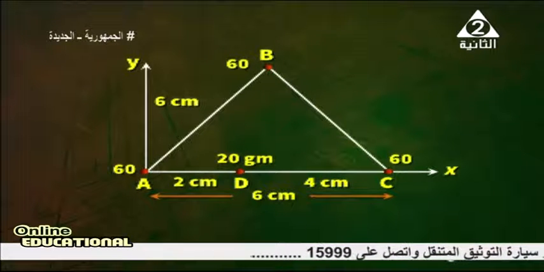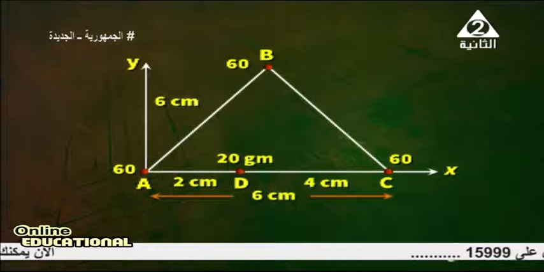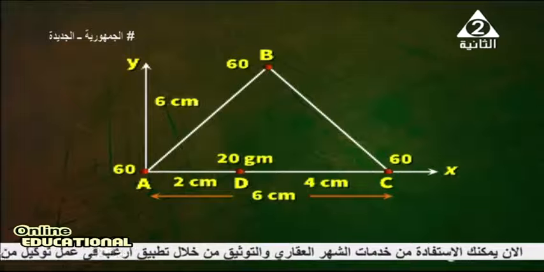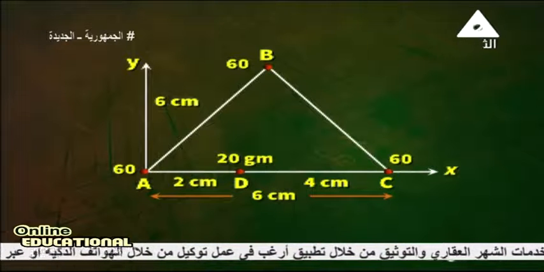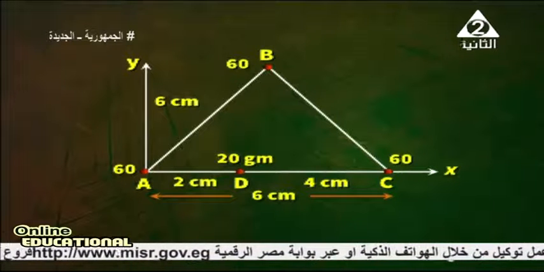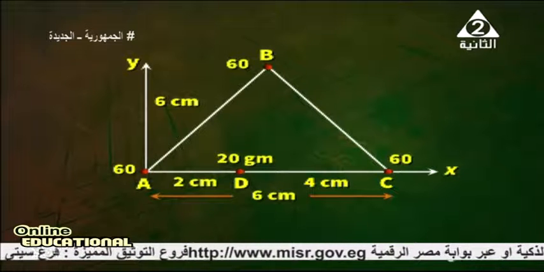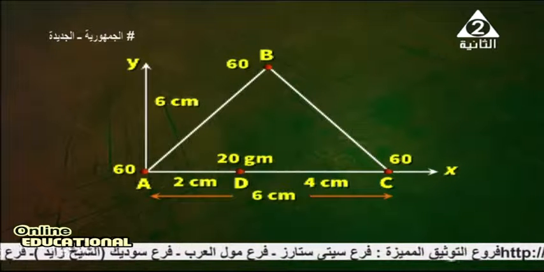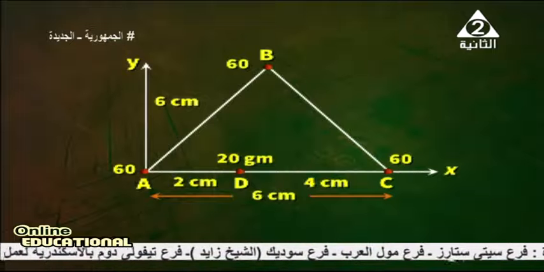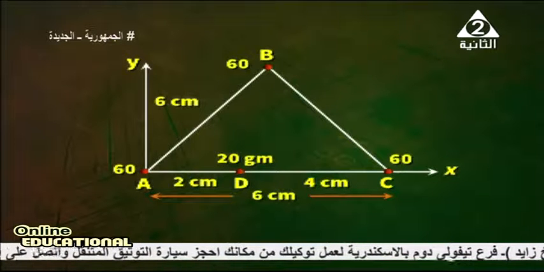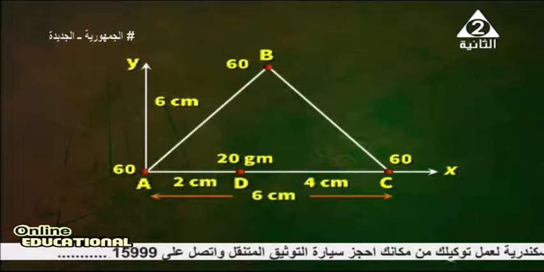We replaced 180 gram, the mass of the lamina, by 3 equal masses: at A 60 gram, at B 60 gram, at C 60 gram. And don't forget, we have another mass 20 gram at point D.